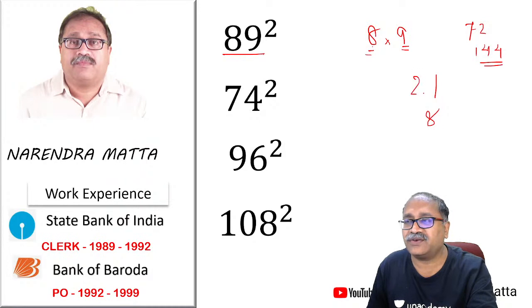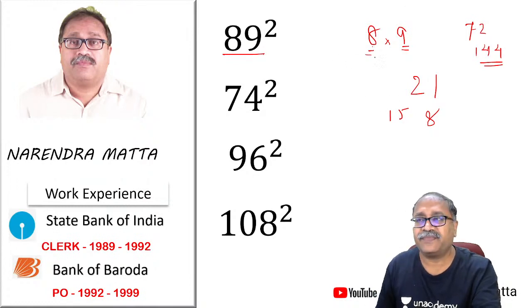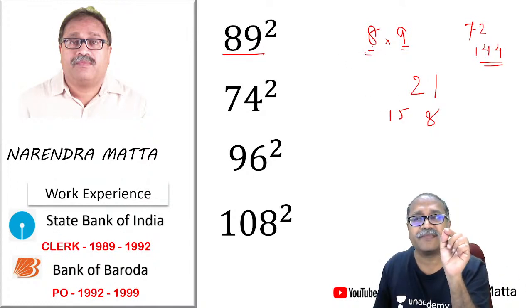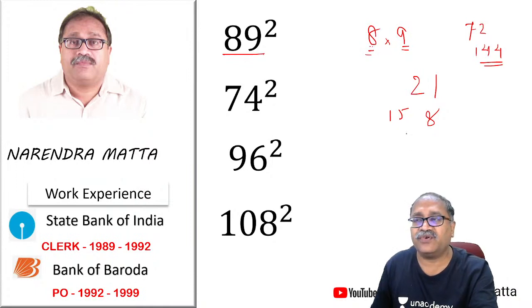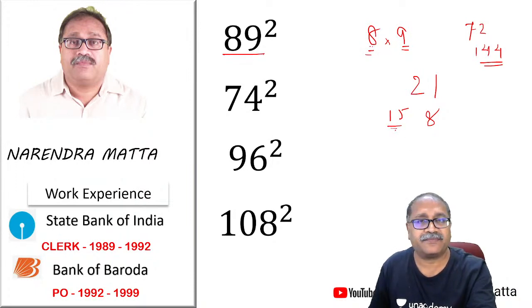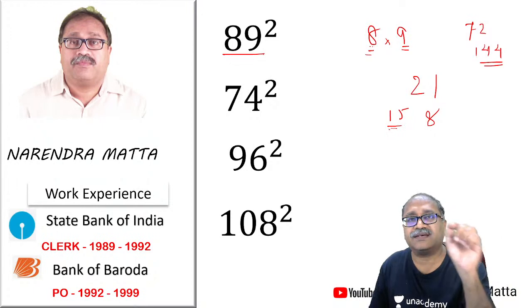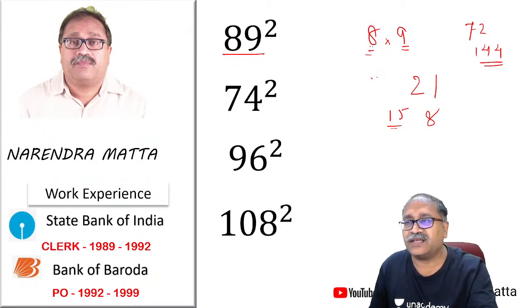So I will take the 2 over here and carry 15. Okay, I hope you understood that, or else I will take another example also. So carry 15. Third and last step, that's 8 square, and 8 square is 64, and 64 plus 15, that's 79. So I'll get that 79 here.